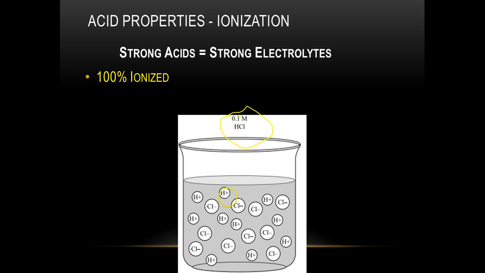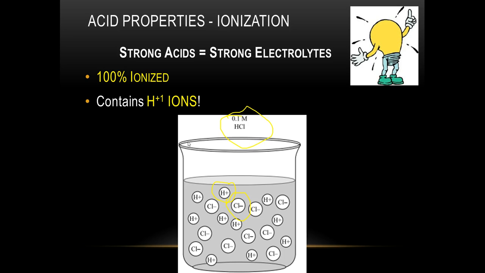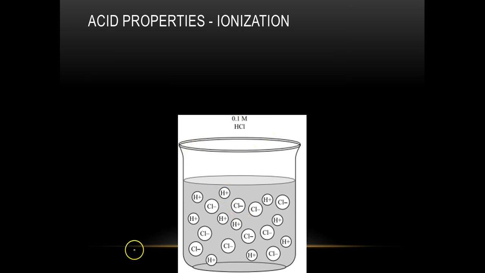But as soon as you dissolve it into water, you get your little hydrogen ions and your chloride ions, and they have ionized and broken apart. And this hydrogen ion is super reactive, and that's what makes it a strong acid, all of those little H pluses floating around. And because they're strong electrolytes, it's very conductive as well.